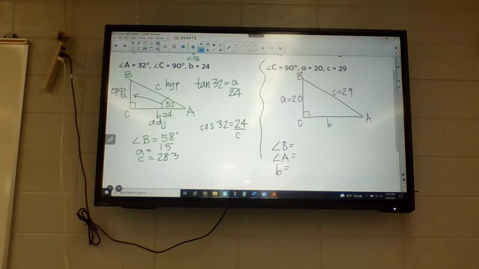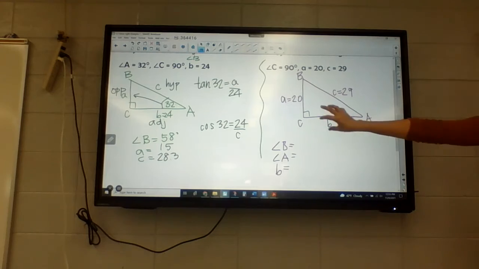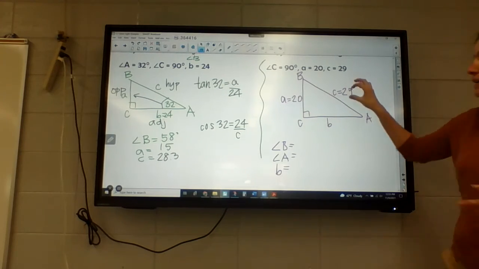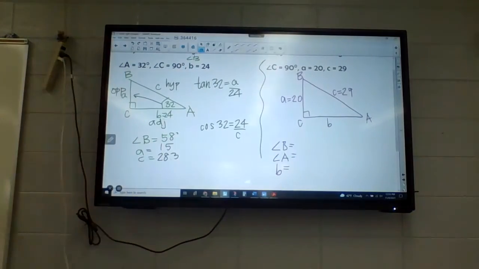Now if your drawing doesn't look like mine, that's fine. The biggest thing is C has to be a right angle and little c has to be across from that, so that has to be your hypotenuse. Where you have everything else doesn't really matter, as long as it's a right triangle.